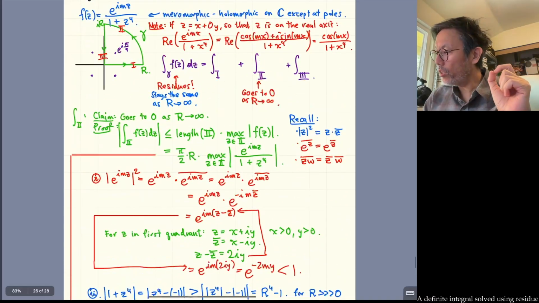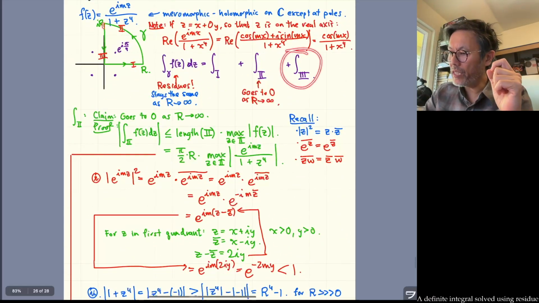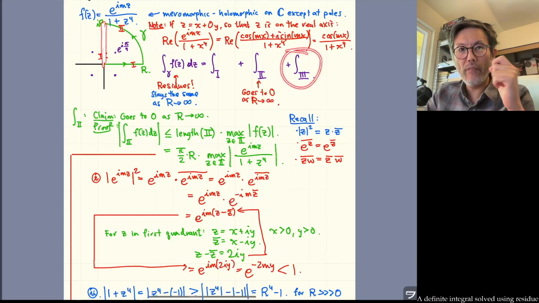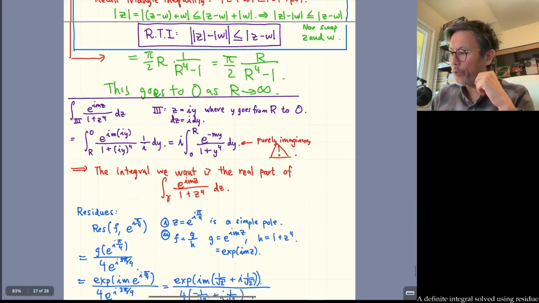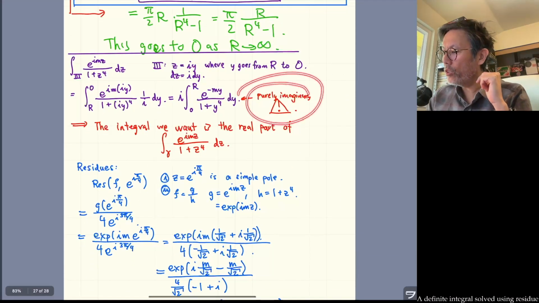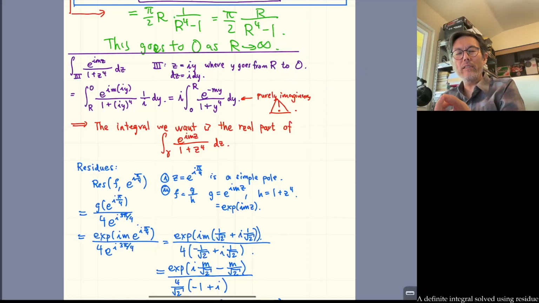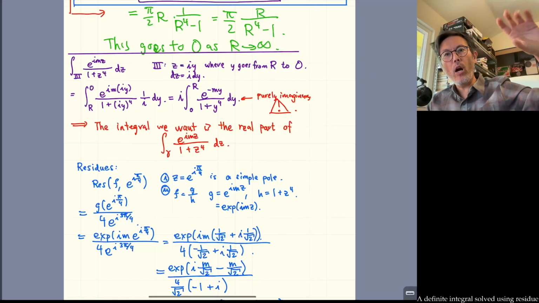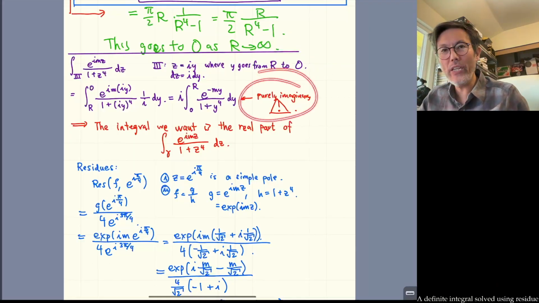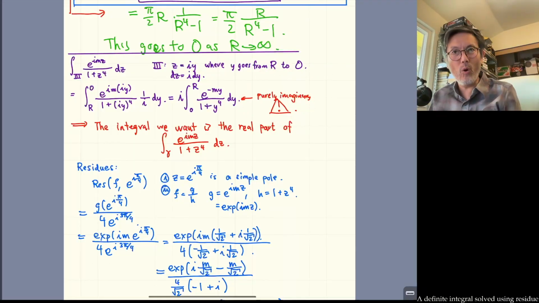Crucially, this third integral, along this arc right here, this arc of the curve, is purely imaginary. And what that means is that when we go to take the real part of the integral over the contour, that's not going to pick up any of this. That's going to get entirely ignored.